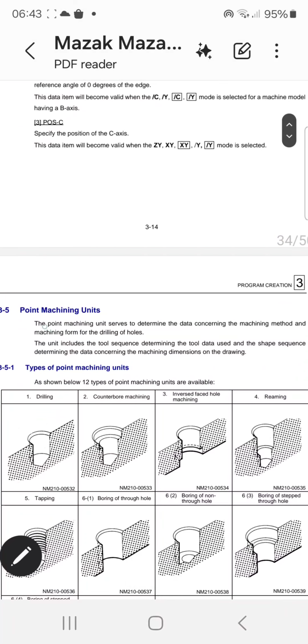This is the point machine unit. You see this point machine unit. First, equivalent to contour boring machine, inverse through hole machine, rim tapping, boring through boring, non-through hole, and boring of step through hole.